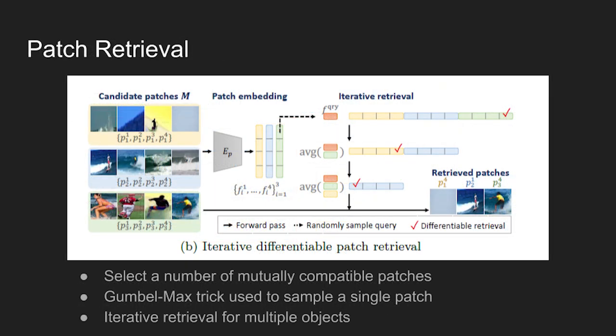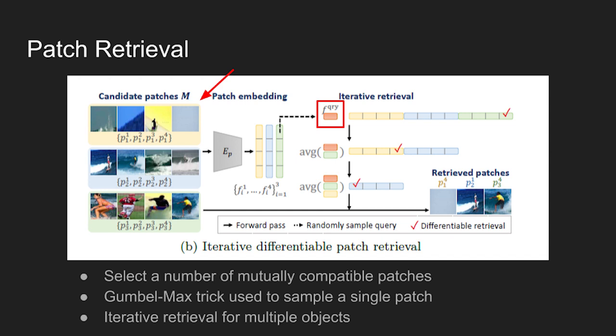In the patch retrieval process, given the candidate patches m, the module uses the Gumbel-Max trick to sample a single patch, and this process is performed iteratively to select compatible patches for all the objects. As shown in the figure, at each iterative process, given the query feature f and previously selected patches, the most compatible patch p is selected.